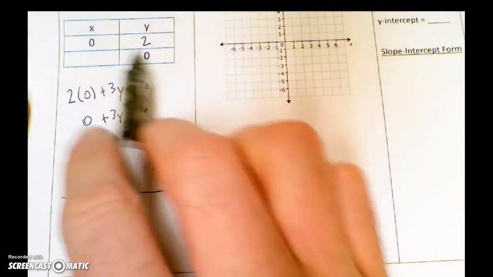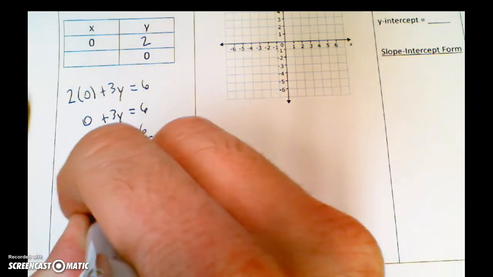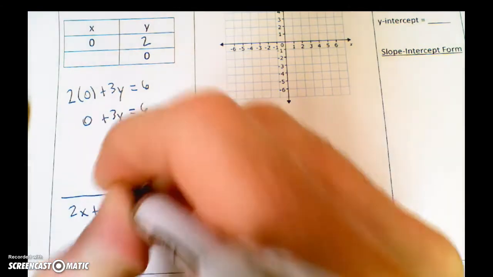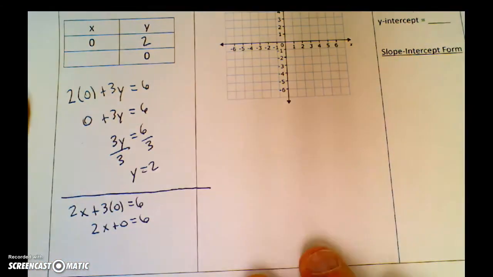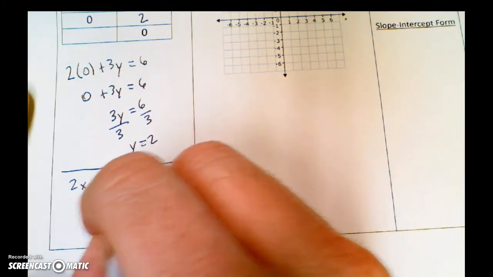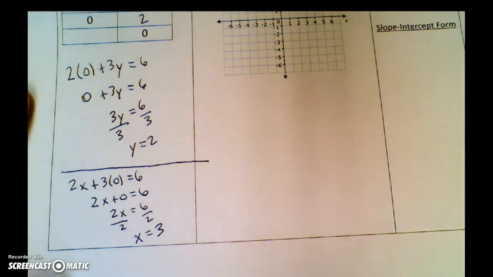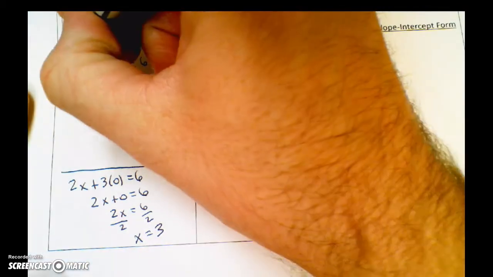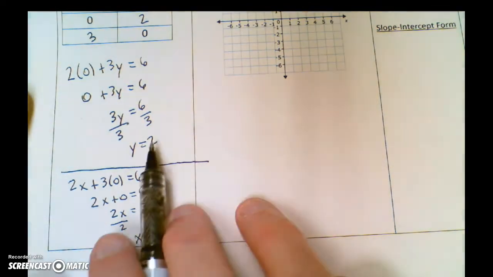Now I'm going to plug in 0 for y and see what comes out for x. I got x equals 3. So using that information, I found my x-intercept and my y-intercept.